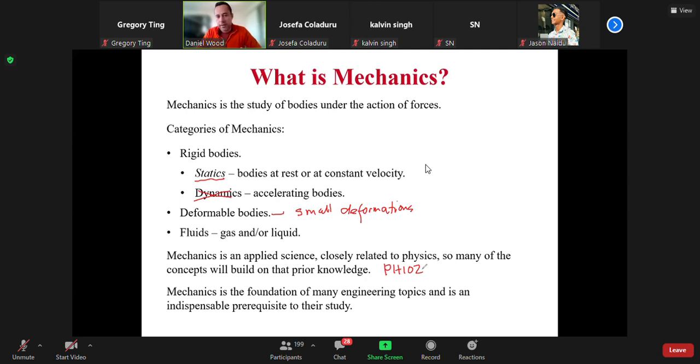So physics is the foundation for engineering as well as mathematics, right? So, and then it goes on, mechanics is the foundation of many engineering topics and is an indispensable prerequisite for their study. I would suggest, and I'm very biased because I am a stress engineer, that it's the most important. Mechanics is the most important.